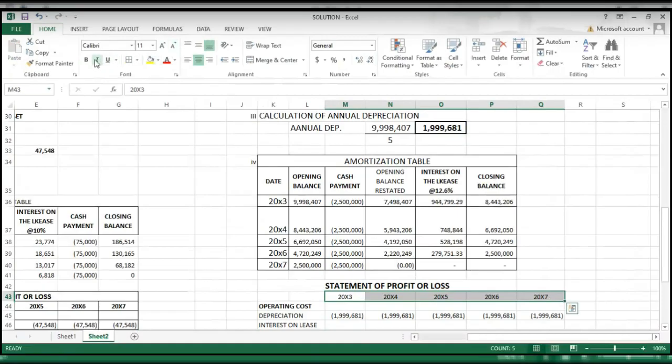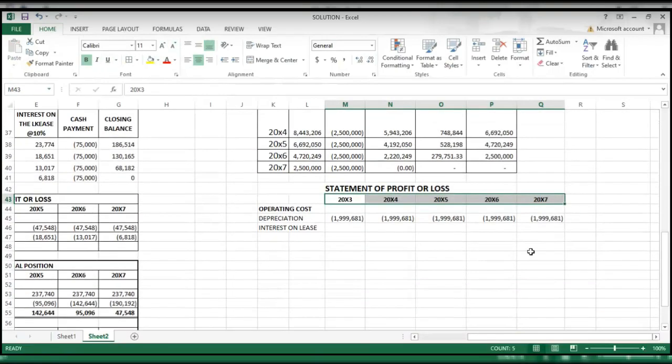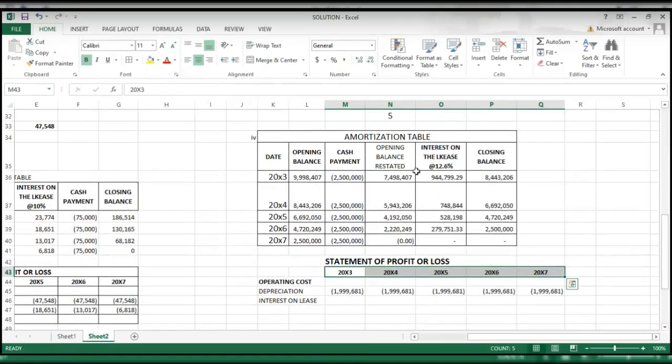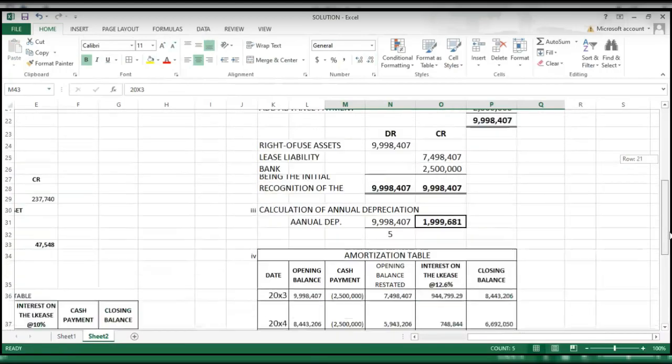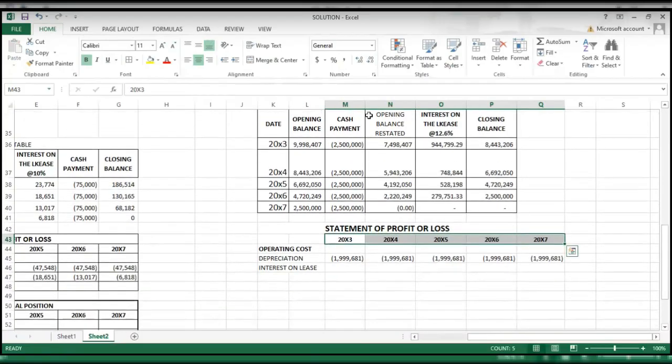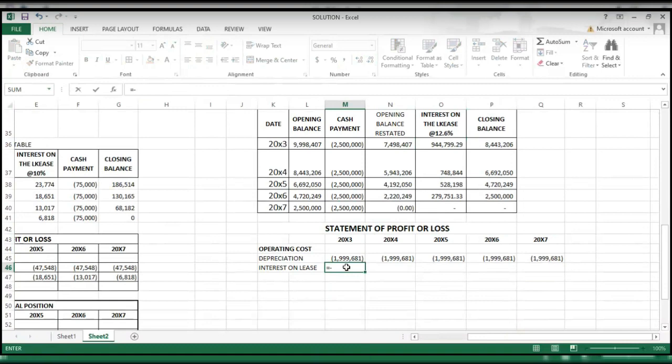Then the next thing is to bring in our lease interest, the interest on lease that we are supposed to pay. So in 20x3, this is the amount of interest on lease. So I just take that there. And in 20x4, we have these as the interest.